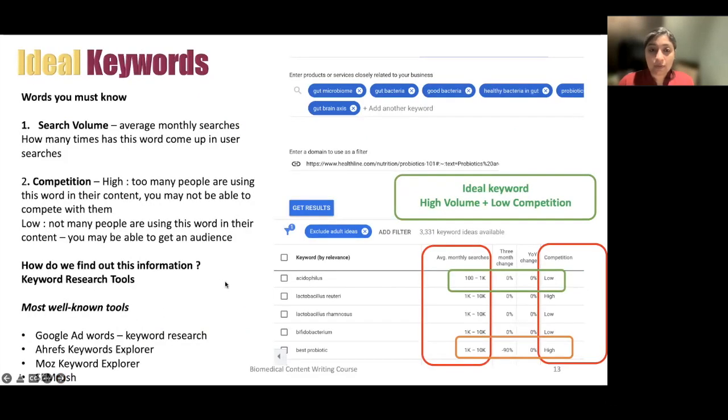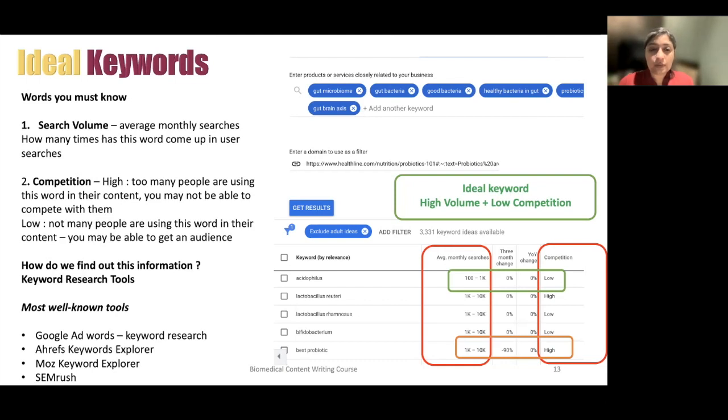Now that we know what keywords are and we know their importance as far as Google is concerned, we should look at what are the ideal keywords to use when we have so many, right? So we must understand two definitions before we move on. The first is search volume.